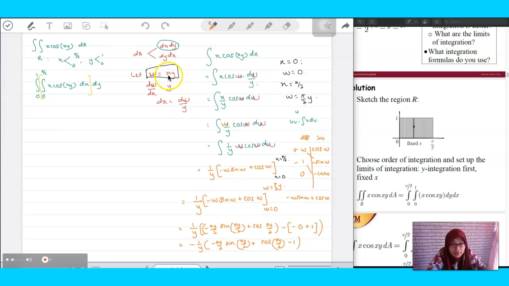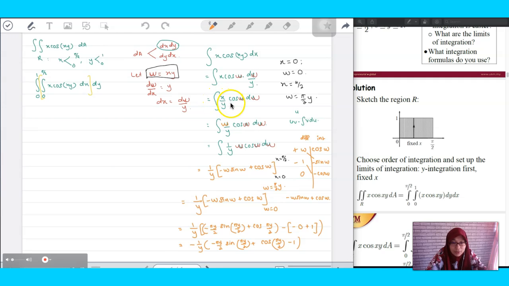Okay, just check whether I did something wrong. So I replace w equal to xy, so dw dx is y, so dx is dw over y, and I put here x cos w dw over y, and then I have x over y, and because we don't want x, we want w, so by using this one we have to replace x equal to w over y.